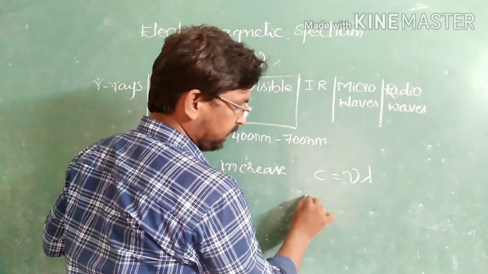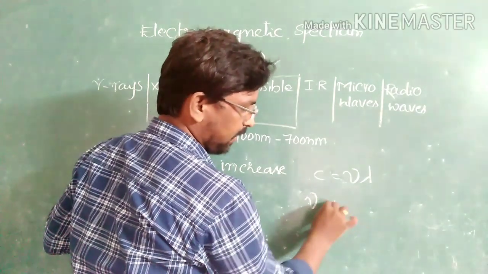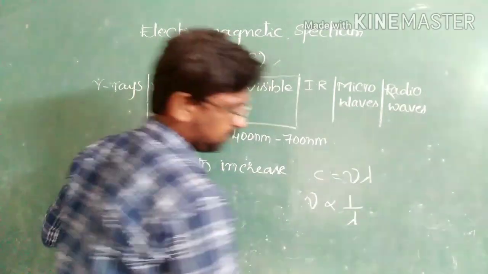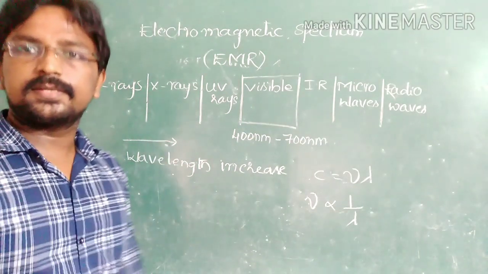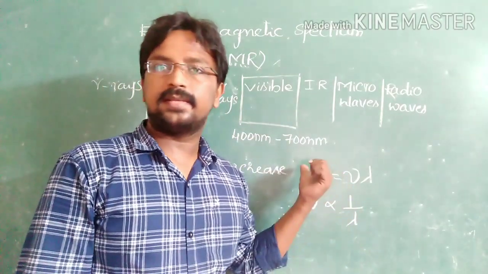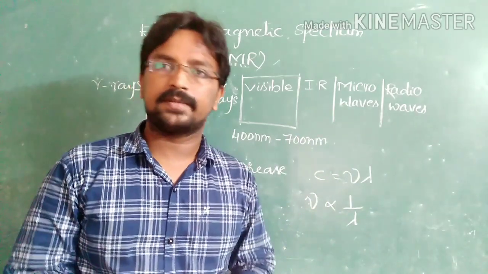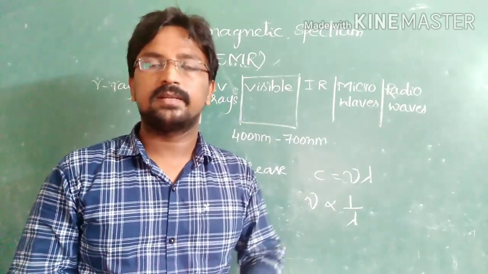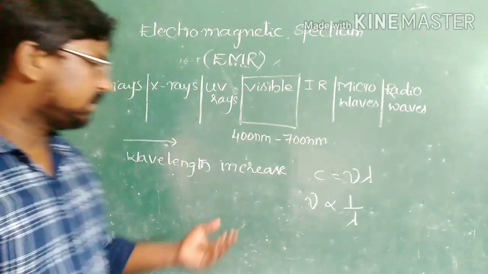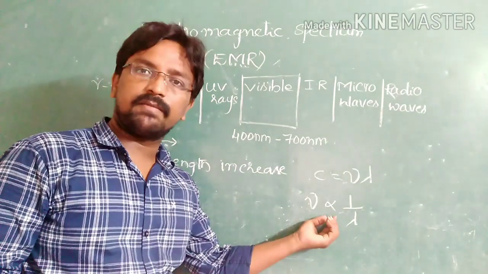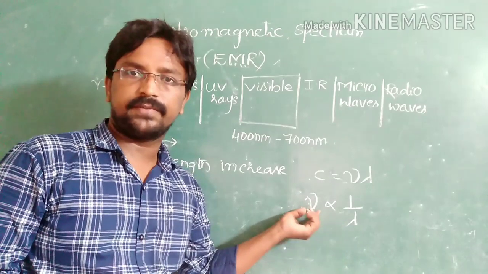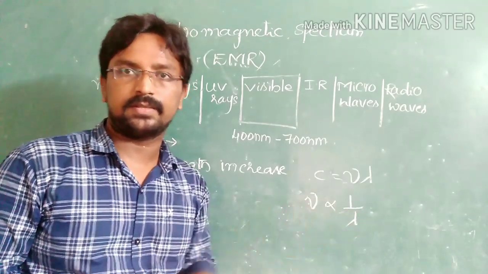Here the relation between ν and λ is inverse. And c is a constant, 3 × 10^8 meters per second, the velocity of light in vacuum, right? So ν is proportional to 1/λ. That means frequency is inversely proportional to wavelength, right?